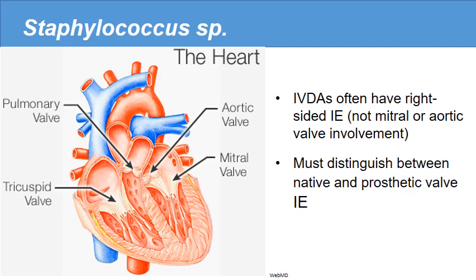So if you see mitral valve involvement, that would be indicative of a left-sided infective endocarditis, whereas something like the tricuspid valve would be a right-sided infective endocarditis.